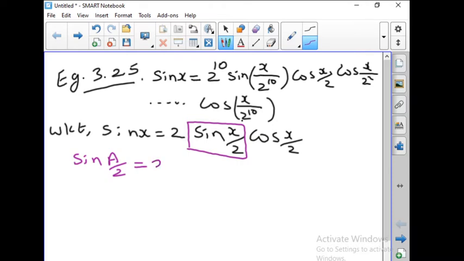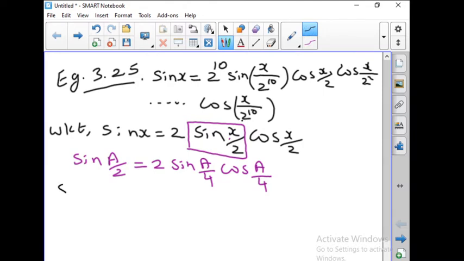Sin (a by 2) is 2 sin (a by 4) into cos (a by 4). Yes, in the place of x we have a by 2, so substitute for x with a by 2. So what will you get? A by 4.